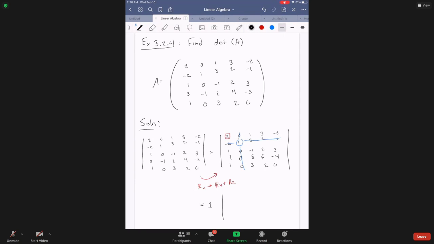So yeah, this will just be plus 1, so this would be 2, 1, 3, minus 2, 1, minus 1, 2, 3, 1, 5, 6, minus 4, 1, 0, 3. Oh wait, 3, 2, 0.